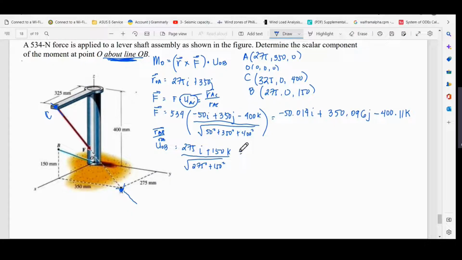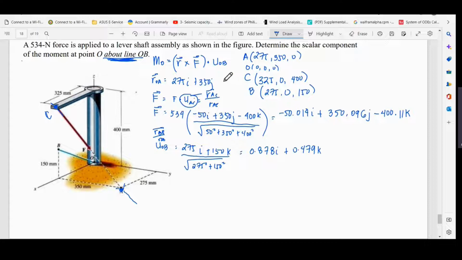So, this is 0.878 I plus 0.479K. Okay. So, meron na tayong unit vector for OB.